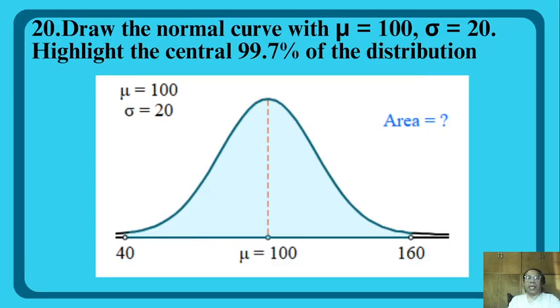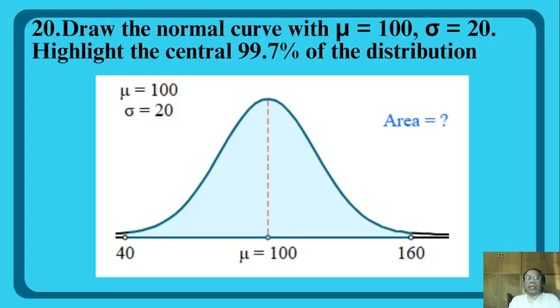Number 20. Draw the normal curve with the mean equal to 100, sigma equal to 20, and then highlight the central 99.7% of the distribution. So here our mean is 100, and since our sigma is 20, thrice of that is 60.